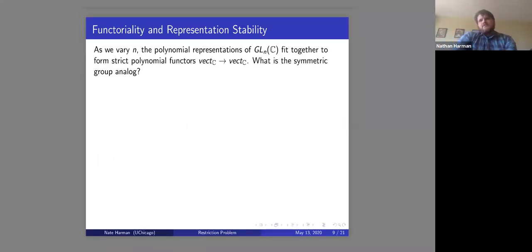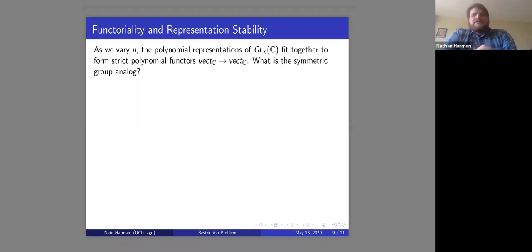Okay, so let me talk about the functorial nature of this problem and this representation stability. We saw that for general linear groups, the representations fit together as polynomial functors. In particular, when I write down W lambda, I can think of that as a single object as n varies, corresponding in that case to a Schur functor.